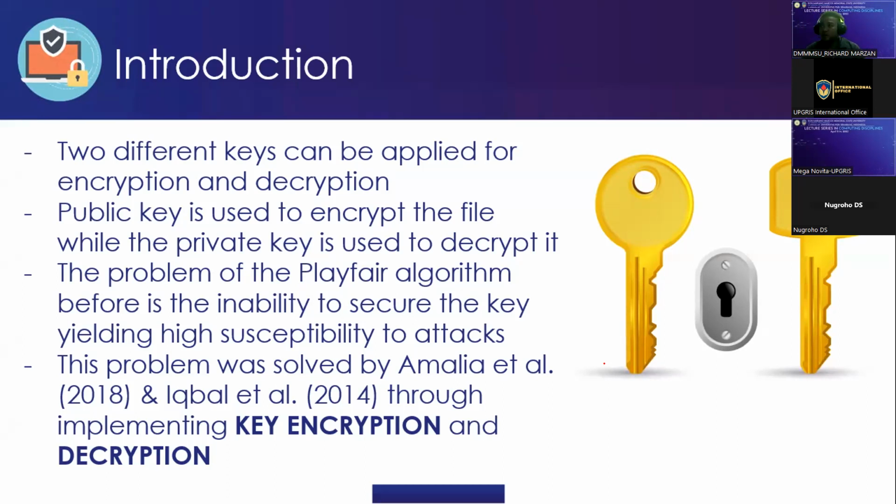But the problem of this algorithm before was the inability to secure the key, making it highly susceptible to attacks. This problem was solved by the researcher Iqbal by implementing key encryption and key decryption.